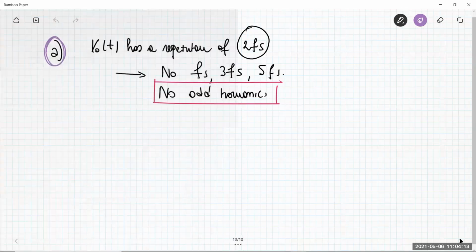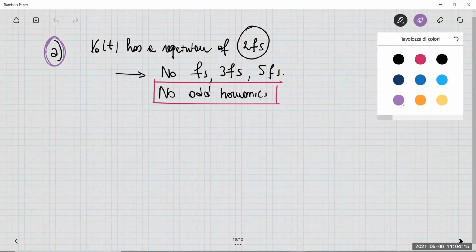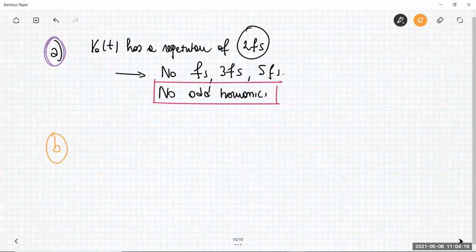The second characteristic that we can exploit is a characteristic that we can call B. The first one, A, comes naturally from our construction of the modulation. Okay, the point B happens only if the modulation frequency ratio Fs over F1 is an even number.